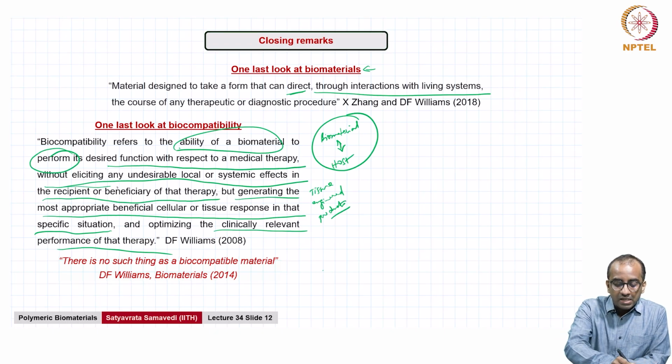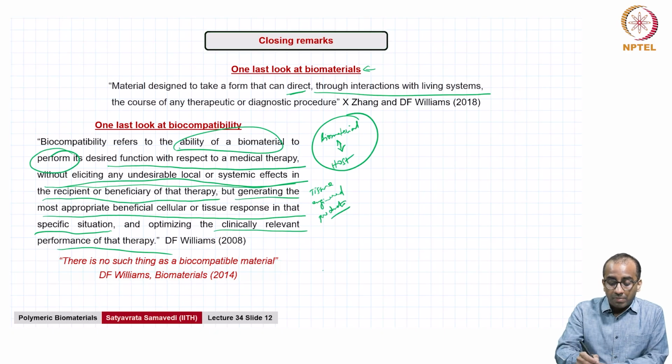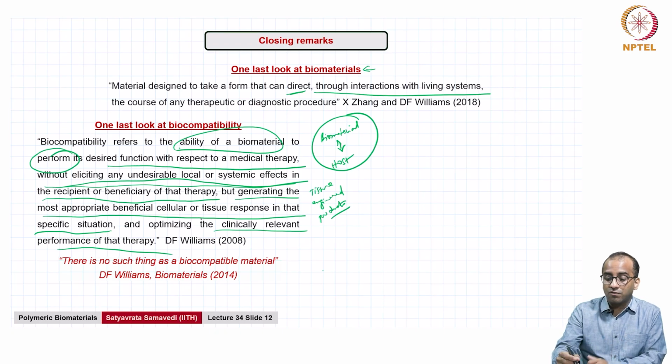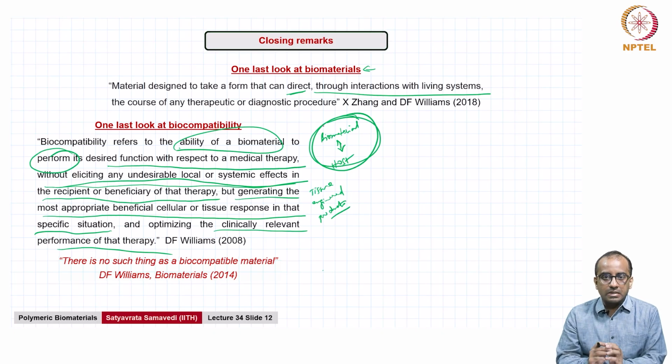Without eliciting any undesirable local or systemic effects is coming from a host perspective. Generating the most appropriate beneficial cellular response or tissue response in that specific situation is a combination of both. It involves both biomaterial and host properties. So, it is a very nice, very beautiful definition that encompasses all different dimensions or perspectives to biocompatibility.